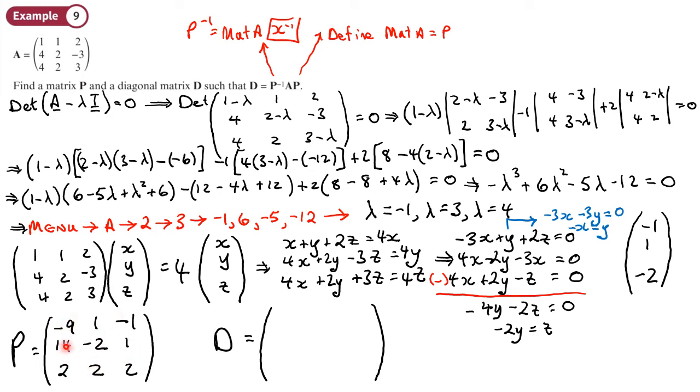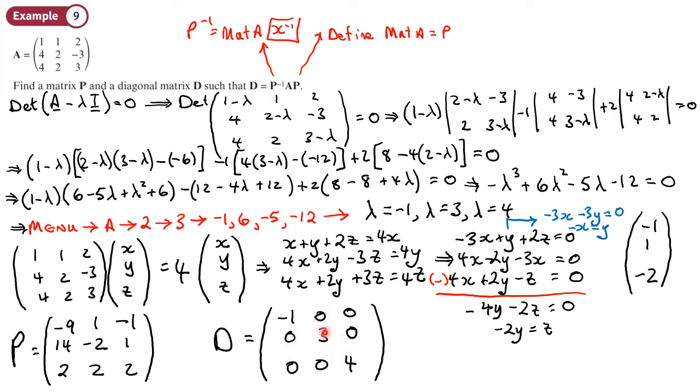So this was the eigenvector for -1. This column was the eigenvector for the eigenvalue of 3. And the last column was the eigenvector for the eigenvalue of 4.